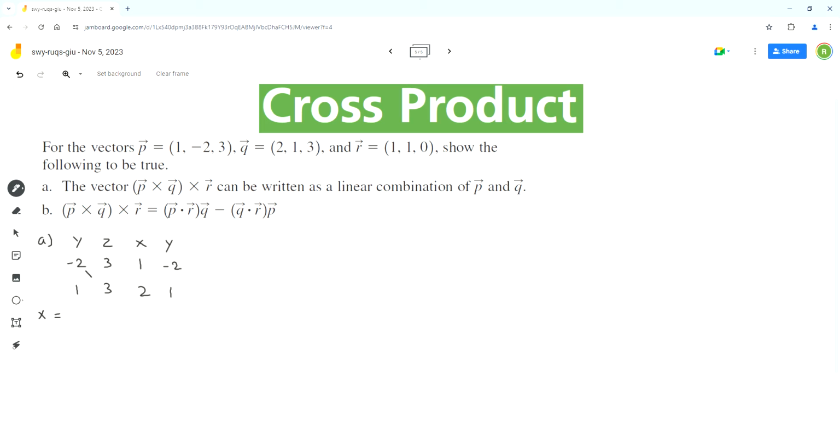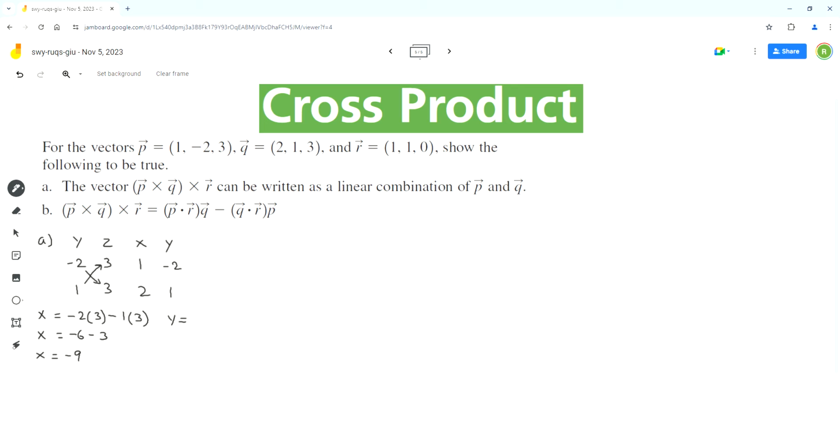So we do -2 times 3 minus 1 times 3. I get x equals -9. Now we can find the y component.